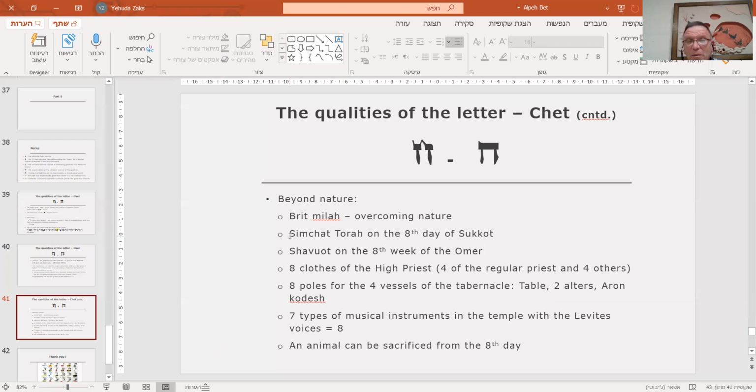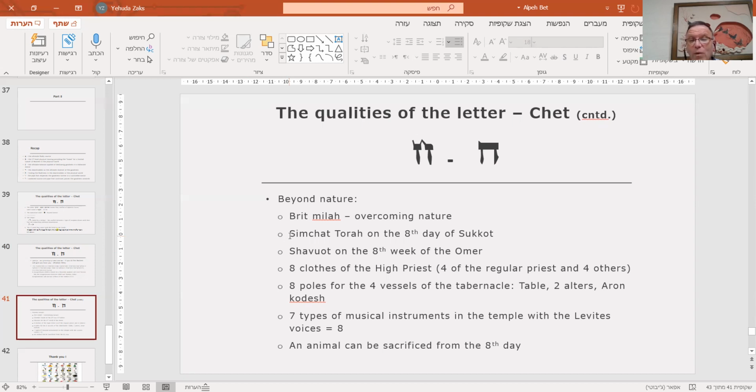Simchat Torah, when we celebrate the Torah, we believe, was written even before the world was created. The Torah was the blueprint that the world was created according to. So on Simchat Torah, when we dance with the Torah, we do it on the 8th day of Sukkot. And Shavuot is the day we receive the Torah. We celebrate it after counting the 7 weeks of Sfirat HaOmer.